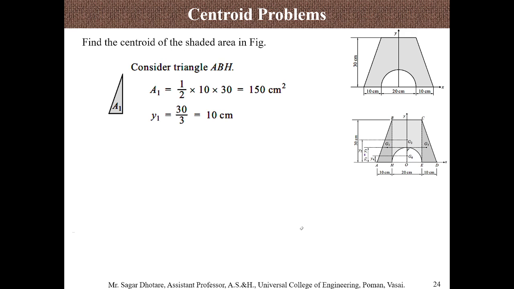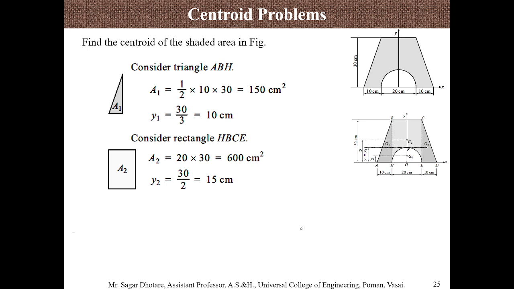Now let's consider the first triangle ABH, which is shown in the figure. The area is calculated with width 10 and height 30 centimeter. As per the equation h by 3, we have calculated the y coordinate. Next one is a rectangle.